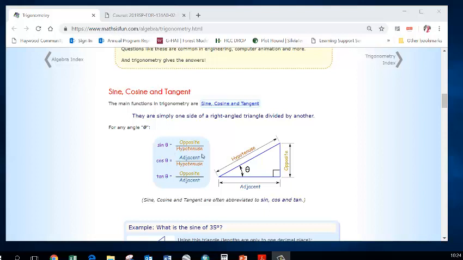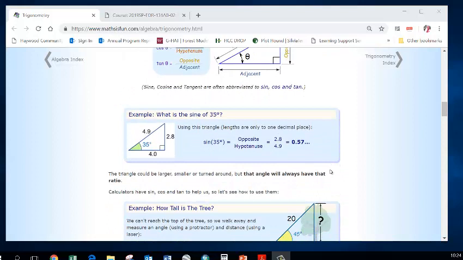If you think about it, the hypotenuse is the slope distance, and the adjacent is the horizontal distance. So if we're able to measure the slope in degrees, and we measure the slope distance, through this cosine function we're able to calculate what the horizontal distance is.